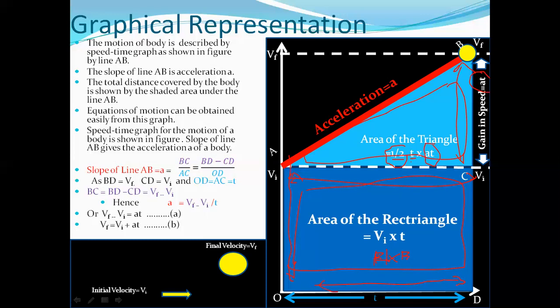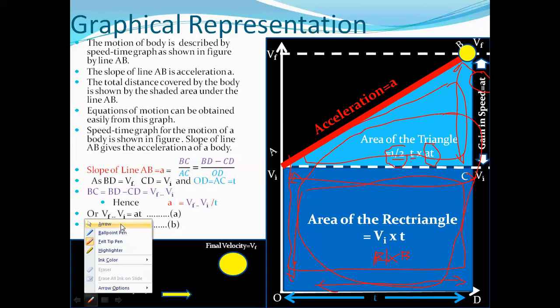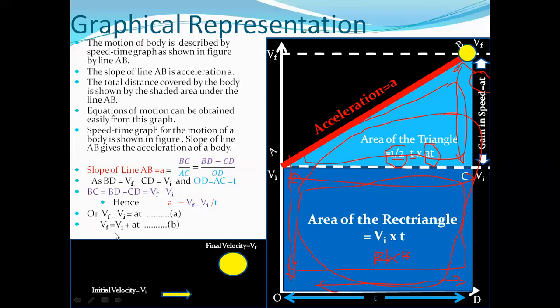So this way we can calculate the whole distance traveled by the body moving from point A to point B in a linear position, and by that we figured out the first equation of motion, where VF is the final velocity, VI is the initial velocity, A is the acceleration, and T is the time.